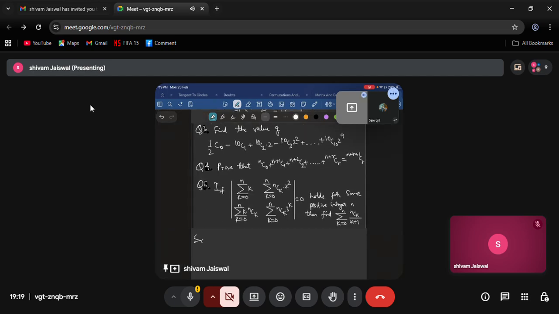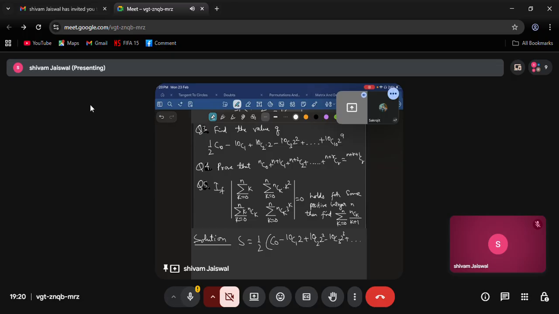Over here, what you do is you take half common. So, when you take half common, you are going to get C0 minus 10C1 into 2 plus 10C2 into 2 square minus 10C3 into 2 cubed. Are you able to get any pattern?